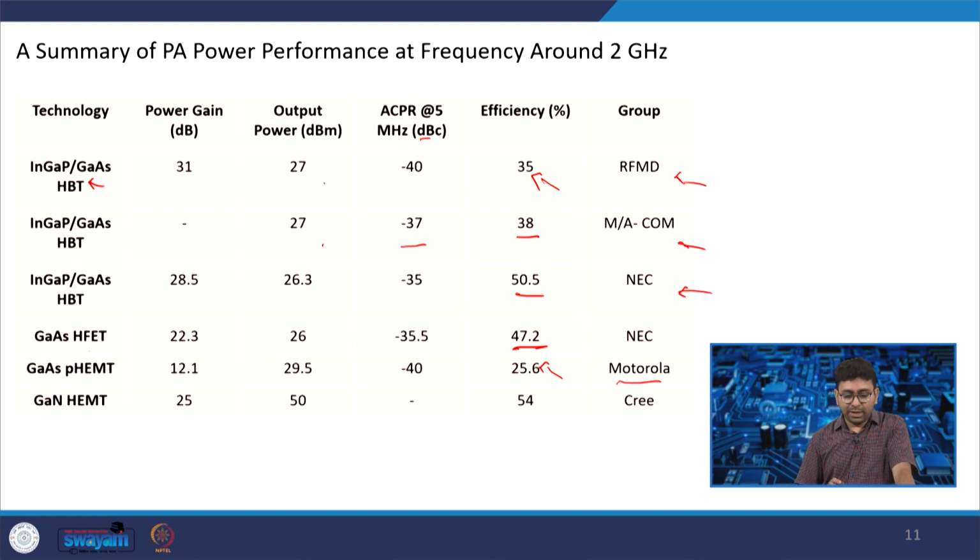However, the dominating and best performance you will get is from GaN HEMT, at 54%, made by Cree. So GaN is dominating in terms of power amplifier performance and is widely used. However, you can also use other technologies for designing a power amplifier.